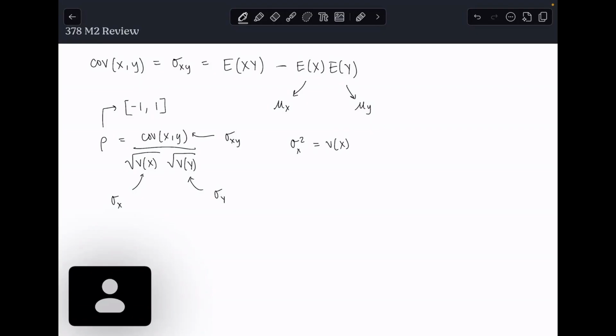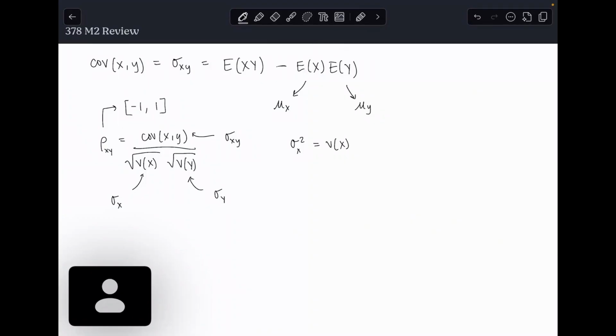Your correlation is just a scaled covariance, scaled by the standard deviations. It gives us the idea of, if x increases by 1, for example, what's the correlation in y. That's the intuition behind covariance and your rho, or correlation coefficient.